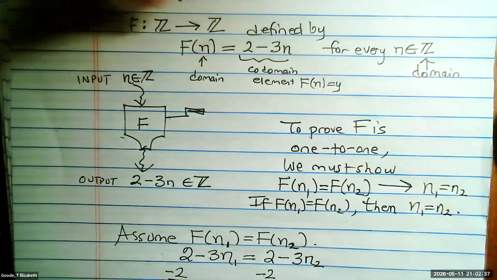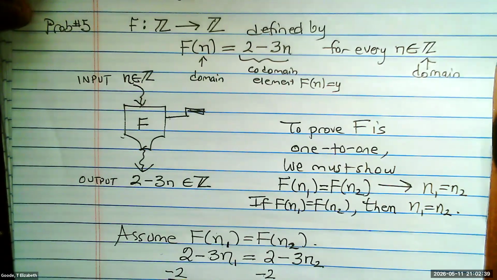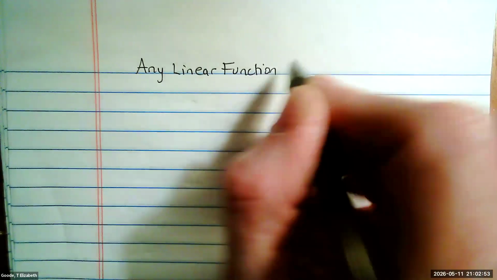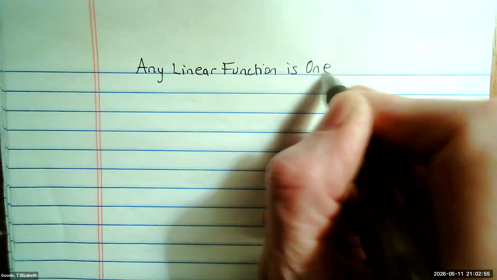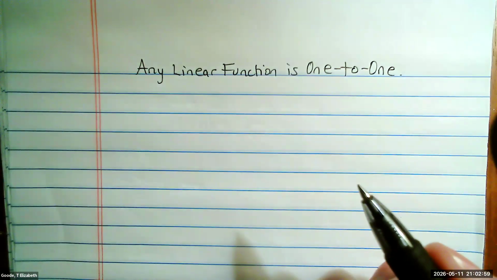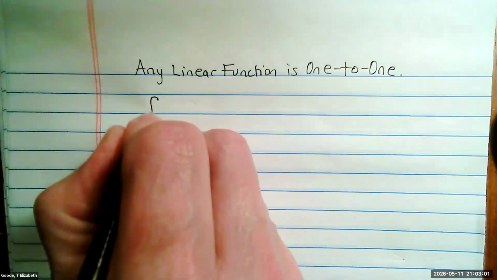It turns out that any linear function is one-to-one. It's like the classic case of a one-to-one function. So in general, any linear function is one-to-one. So what do I mean by linear function?